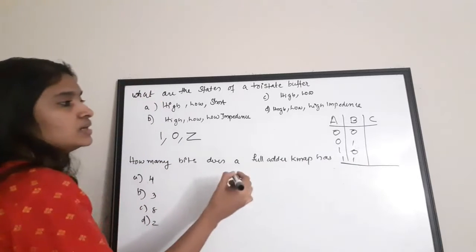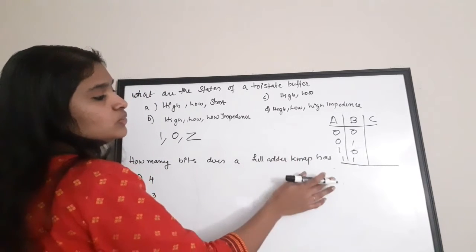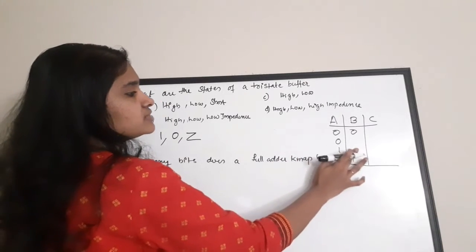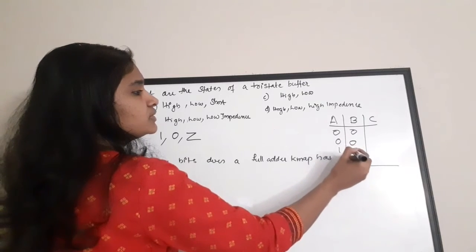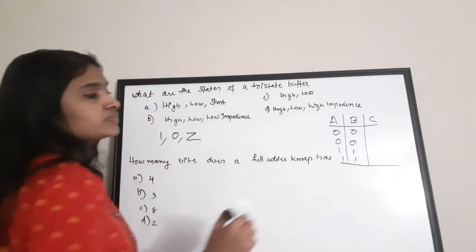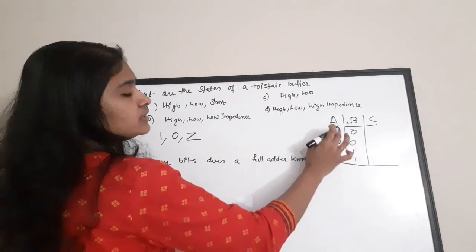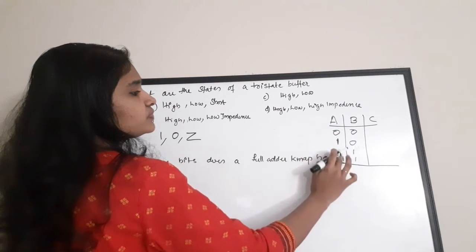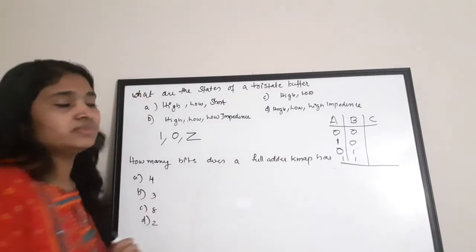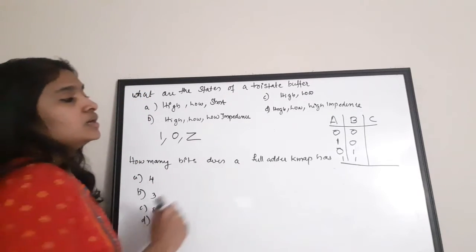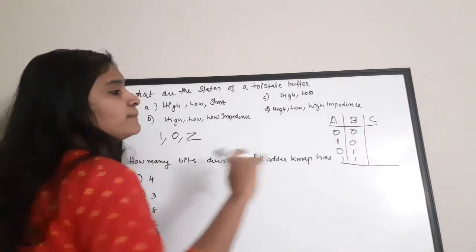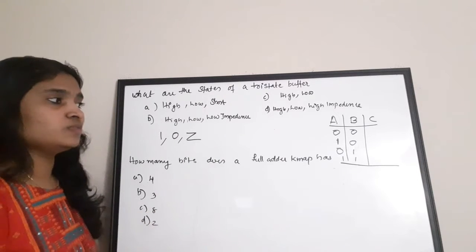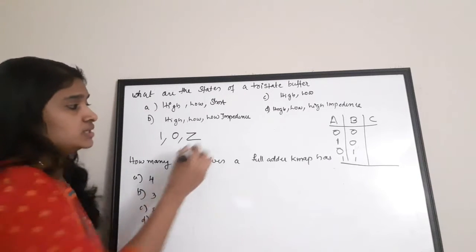Okay, we'll take B as first 0, then 1. So it will be 0, 0, 1, 0, 0, 1, 1, 1.